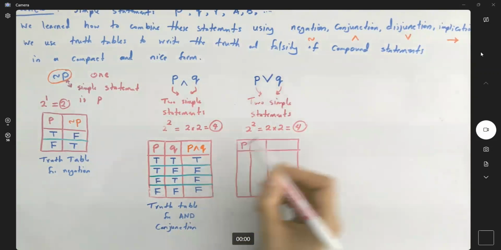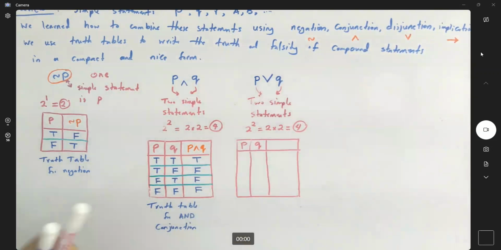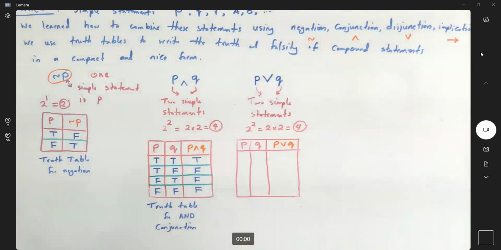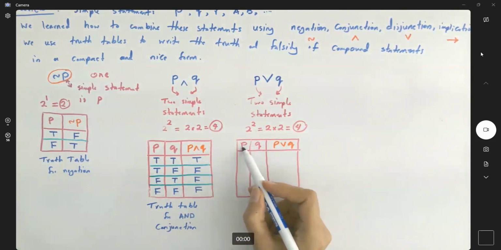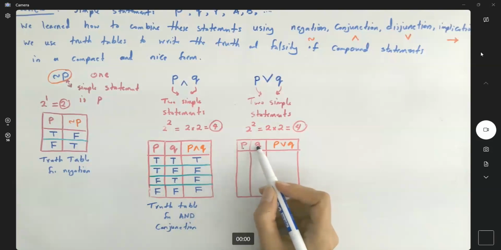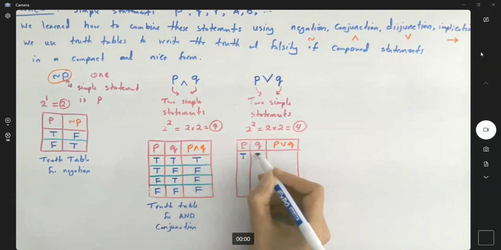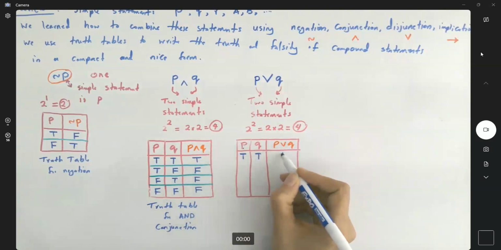One of them is P, the other guy is Q. The new statement is P or Q. So I'm using a different color, P or Q, which is your new statement. Very good. So the very first statement true, the second statement true. If you have this scenario, true or true, in logic, always true.